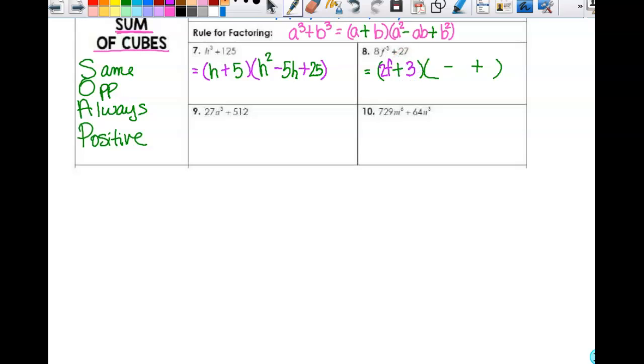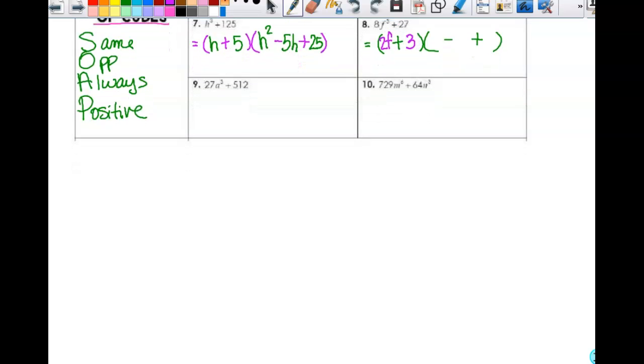So now that I've got those filled in, then I square this. What is 2f squared? If I square this, 4f squared. Good. Then this one, I multiply these 2 together, so I get 6f. And then this one is 9. And that's it. We good?